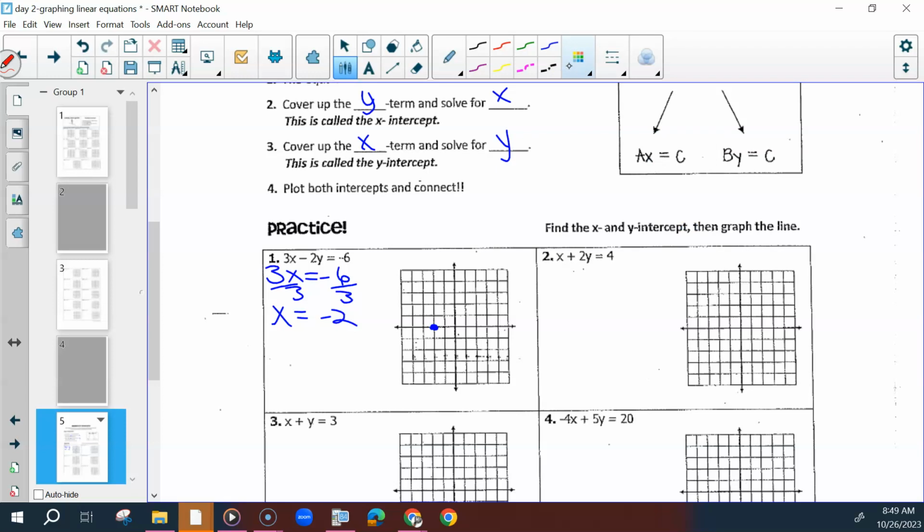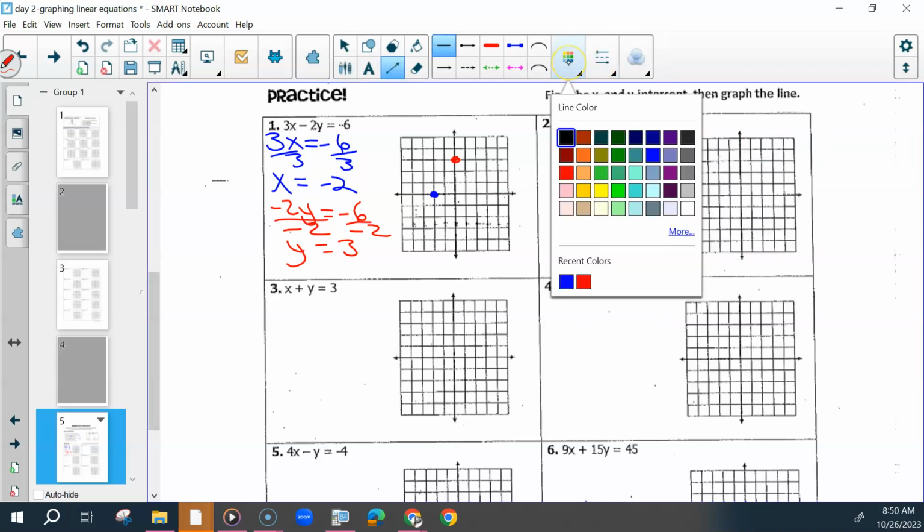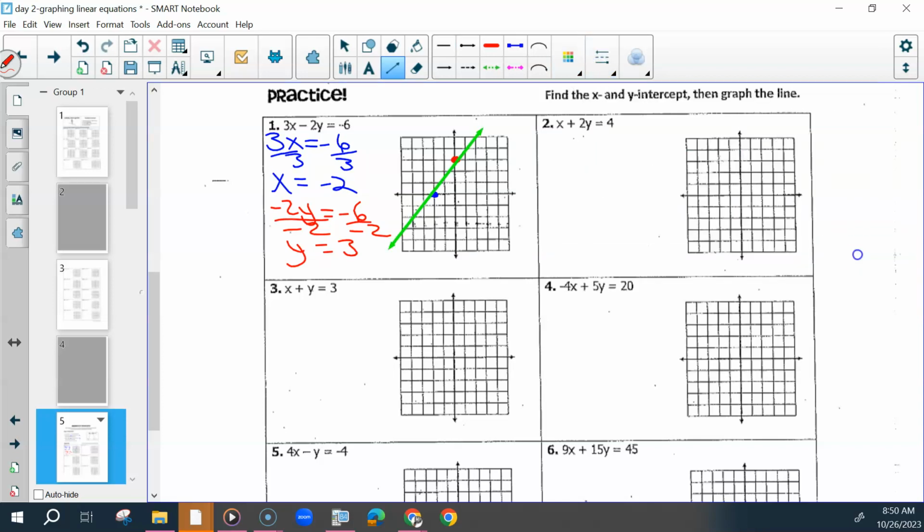Then you would do the same thing for the y, so cover up the x term, and we'd have -2y equals -6 left. Divide both sides by -2 to get y equals +3, and plot that point. Then you would draw your line through those 2 points, and that's it.